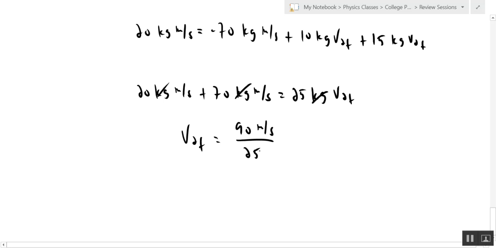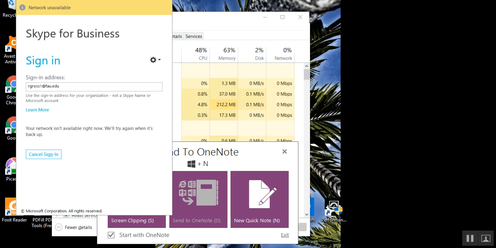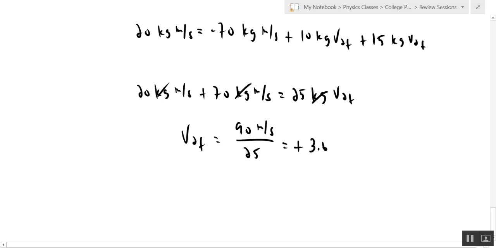So let me make sure that's the answer that I got a second ago. 90 divided by 25 is 3.6, which is what I got when I first did it. So this is plus 3.6.